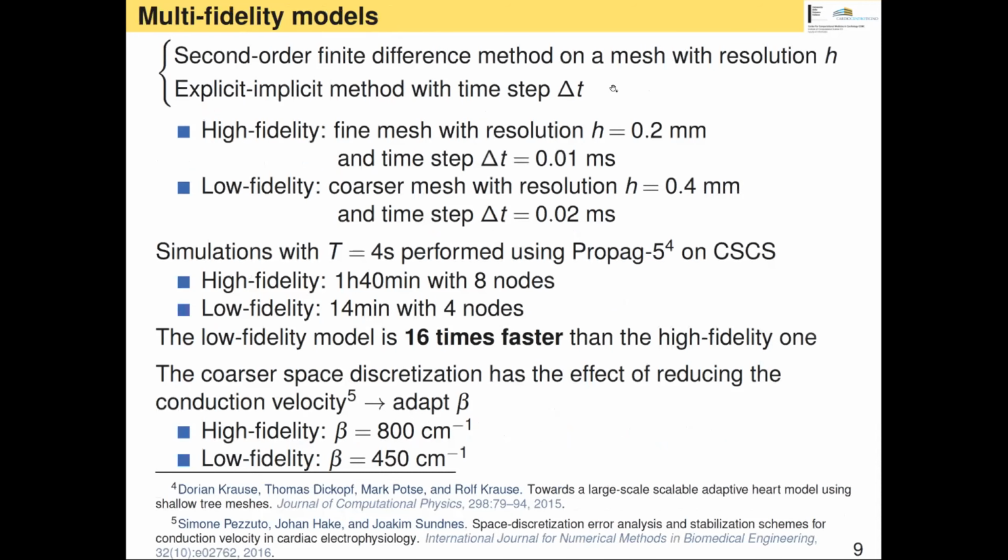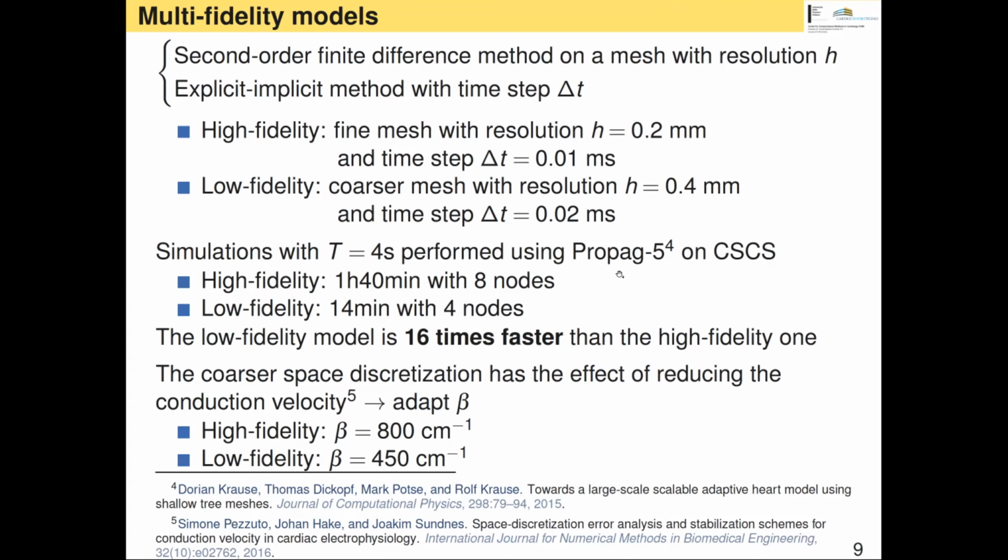For the high fidelity model, we consider a fine mesh with resolution H equal to 0.2 millimeters and the time step delta t equal to 0.01 milliseconds. For the low fidelity model, we considered a coarser mesh with resolution H equal to 0.4 millimeters and the time step delta t equal to 0.02 milliseconds.